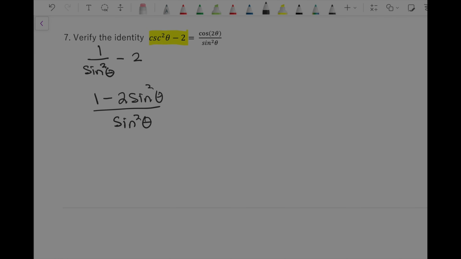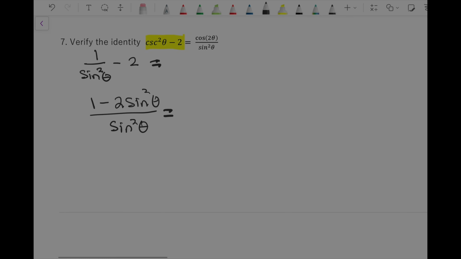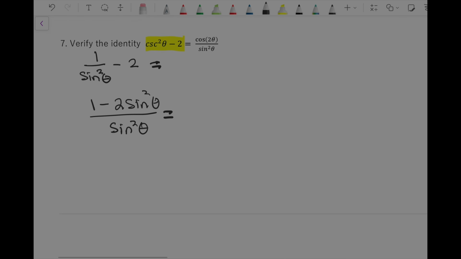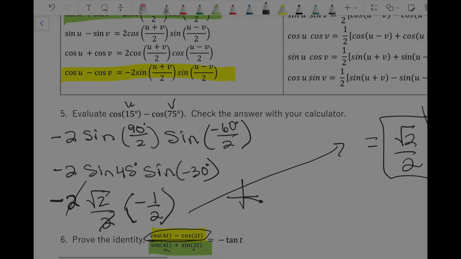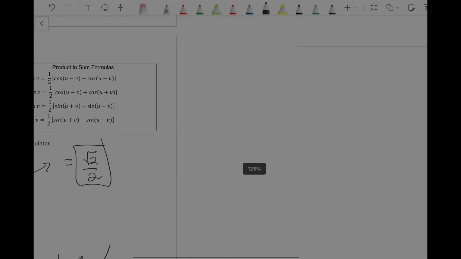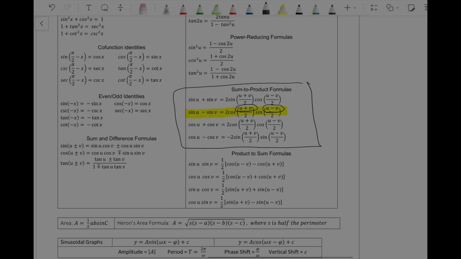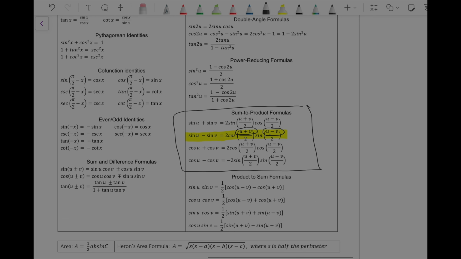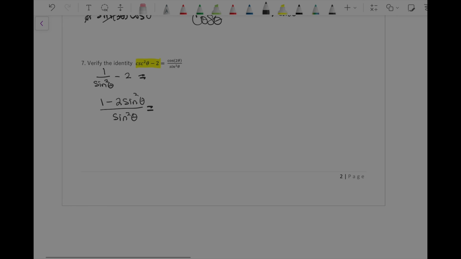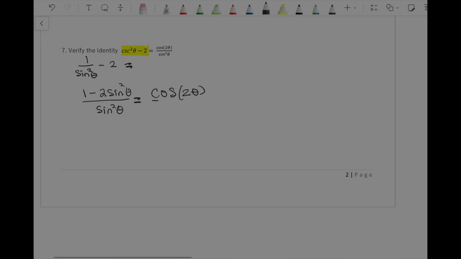Top, 1 minus 2 sine theta. 1 minus 2 sine theta is equal to cosine of 2 theta. Done.